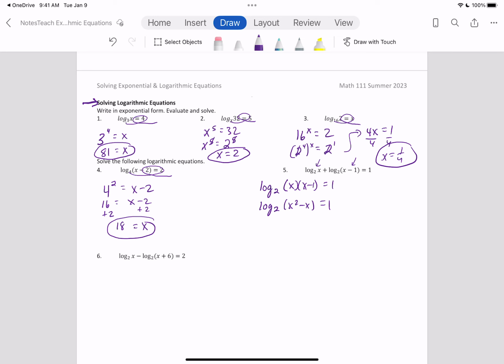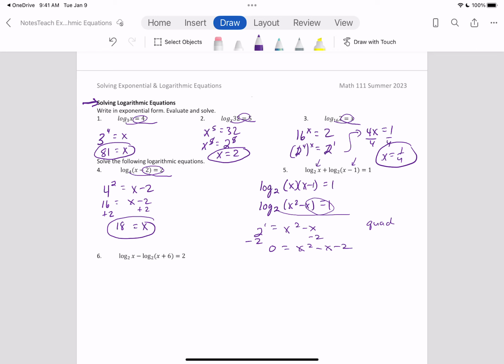So now that we have a single log, now we can use our e format and say this is 2 to the first is equal to x squared minus x. This one is a quadratic, so we're going to need to get equal to 0. So I'm going to subtract the 2, and I have x squared minus x minus 2.